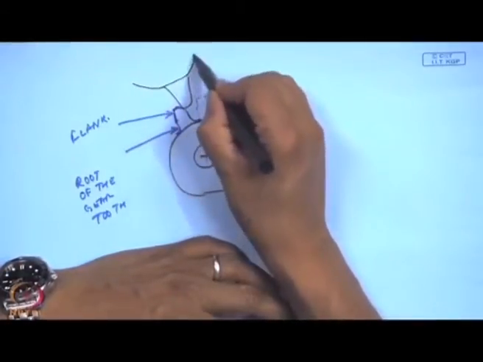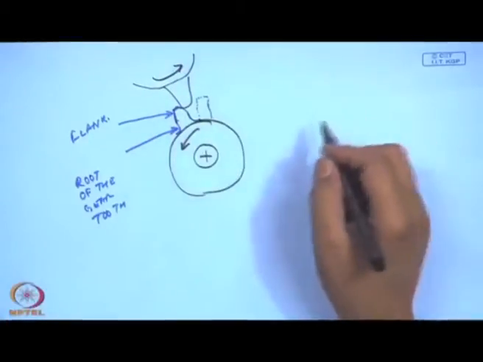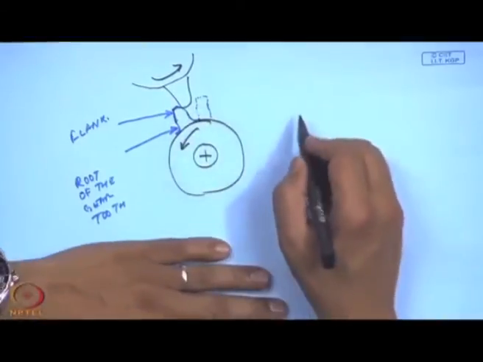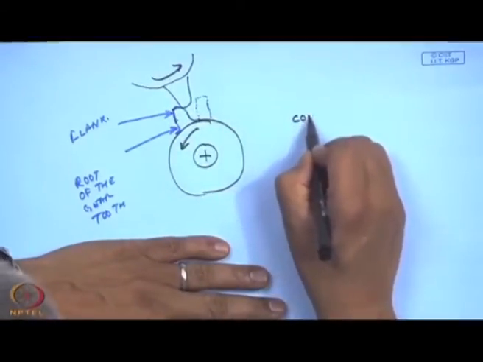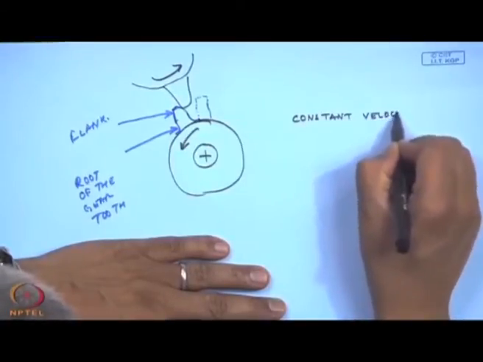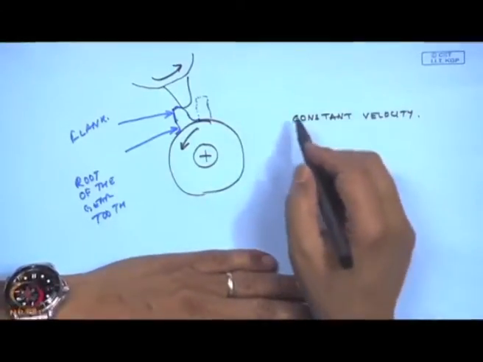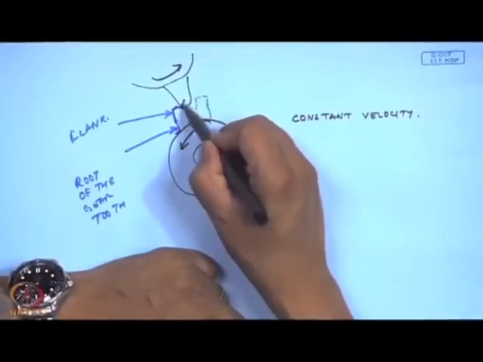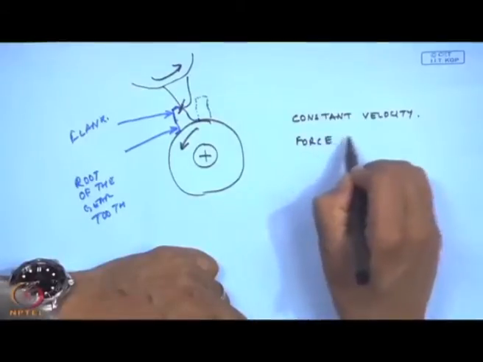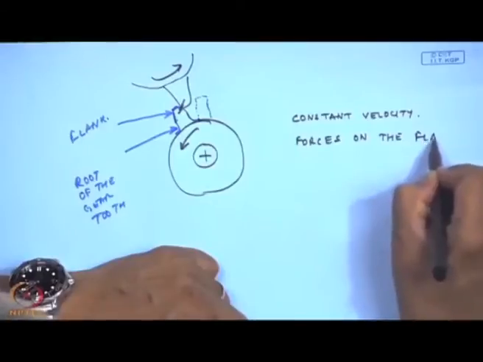One gear goes this way, the other gear goes this way. So, a lot of things happen on this gear. So, there has to be a constant velocity, otherwise we would be getting jerky motion and so on, and there will be forces coming onto the flank.